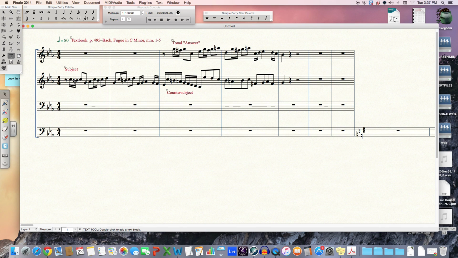How do you know? You simply just look at the intervallic content of the melody. And if it is not exact, it's modified so that this sounds like an inversion of a melody still in C minor, we call it a tonal answer. To make this a real answer, and it wouldn't work with this countersubject that he's written, but sometimes he does make it work, he would preserve the exact intervallic content.